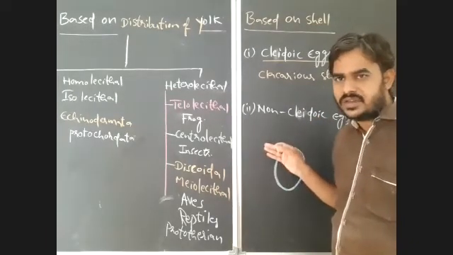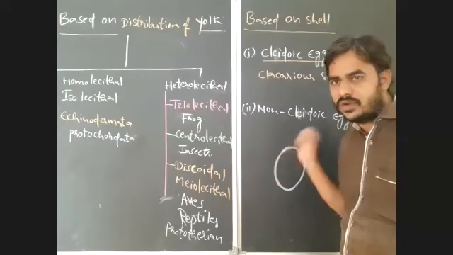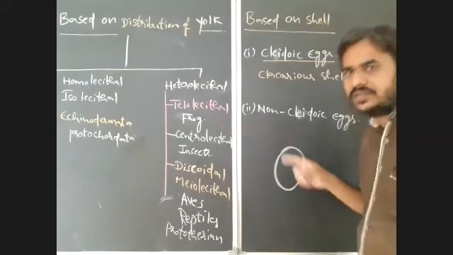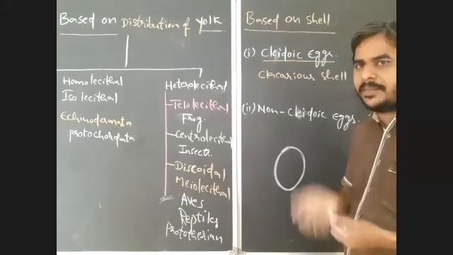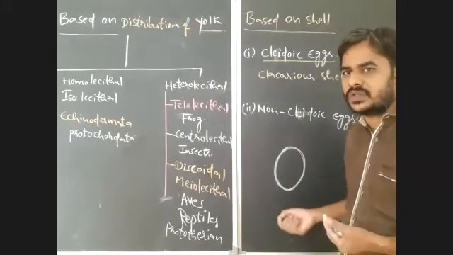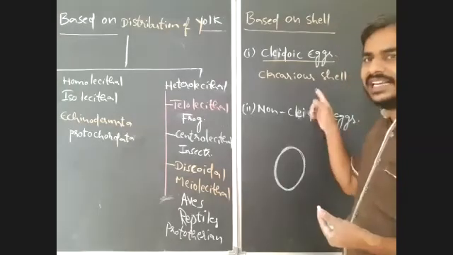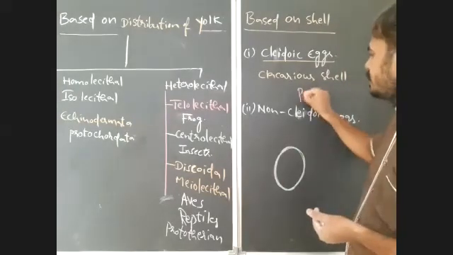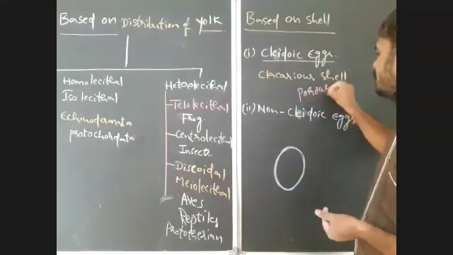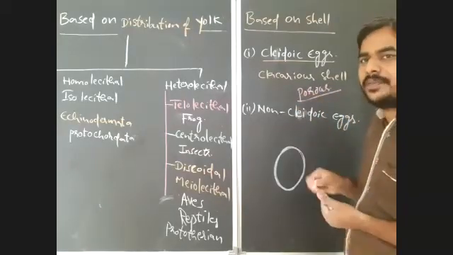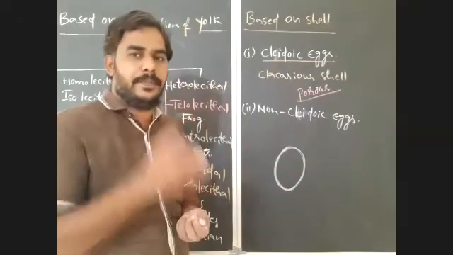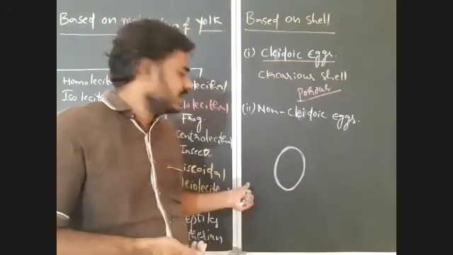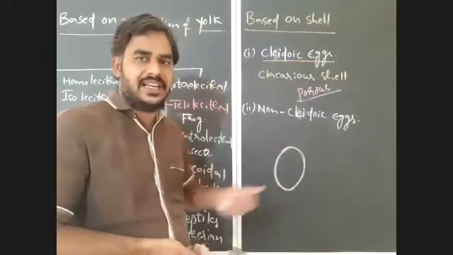Is it clear? If you observe an egg shell under a microscope, you can notice these minute pores. So the calcareous shell is porous, meaning minute pores or holes are present in this calcareous shell.